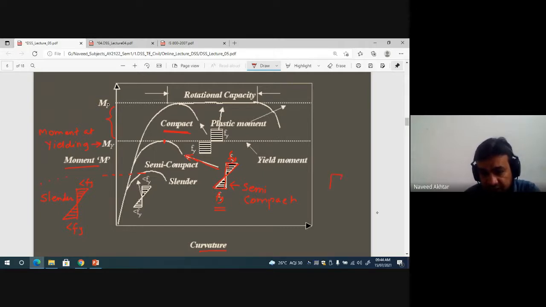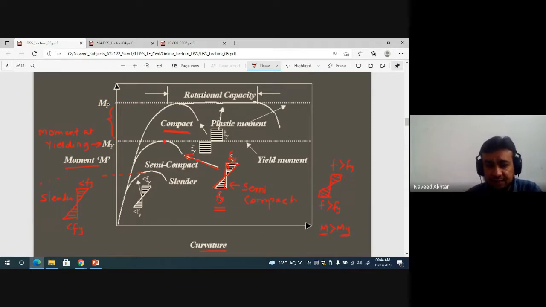There is some plastic moment, that's why this stress line, this straight line is there, and the stress here is greater than Fy. Or you can say your moment is greater than M1. So the moment of resistance, that is M, is greater than the moment at the edge.